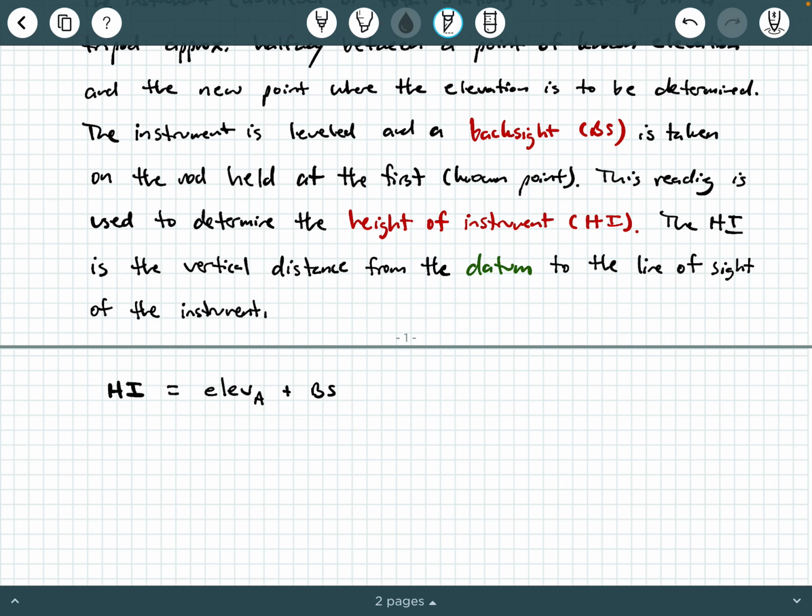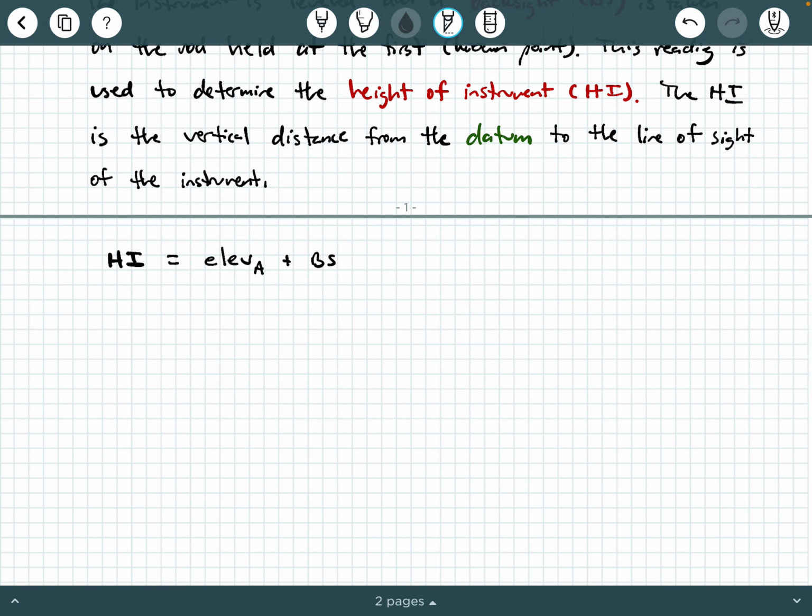All right, now what happens is you then turn the scope around.